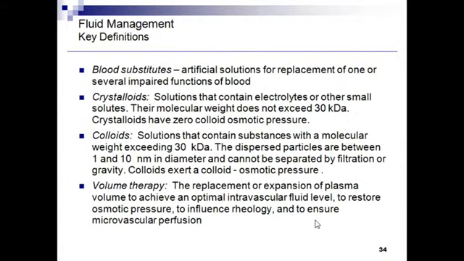Key definitions of the fluid management system. What is a blood substitute? It is an artificial solution for replacement of one or several impaired functions of blood. The blood substitutes, according to chemical structure, can be crystalloids and can be colloids.